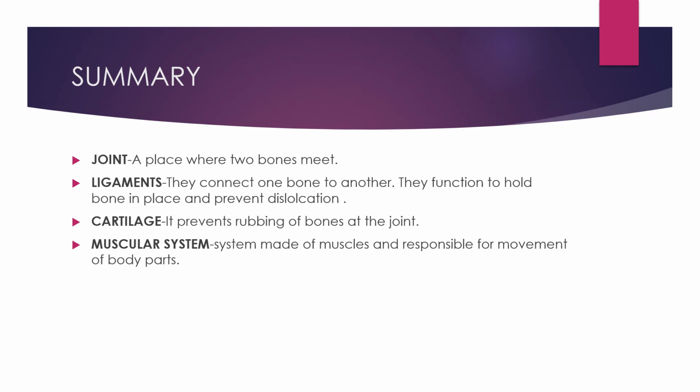It prevents the rubbing of bones at the joint, and cartilage is a strong but soft tissue which is capable of bending. You must recall we have already discussed that our ears and our nose consist of cartilage, not bone. Muscular system is made up of muscles and is responsible for movement of body parts.